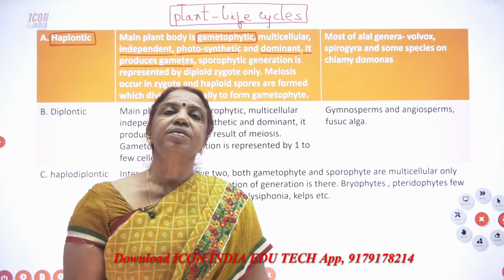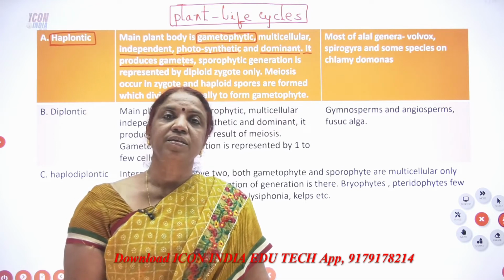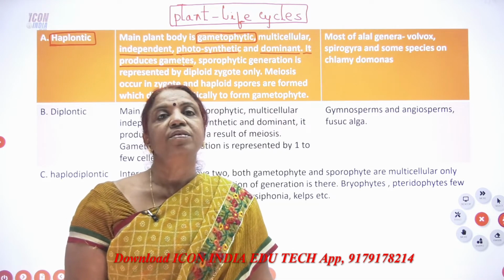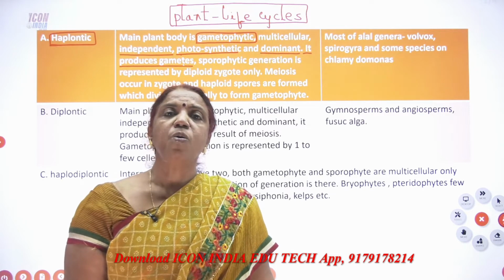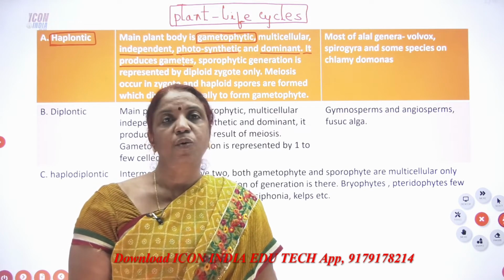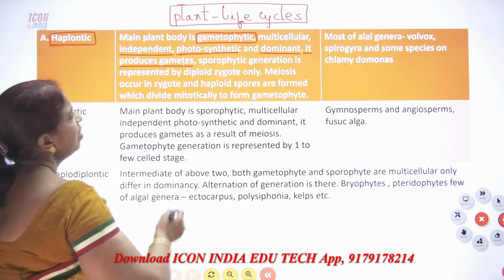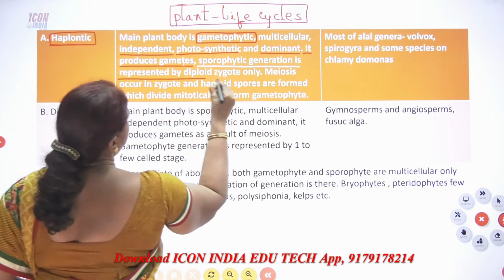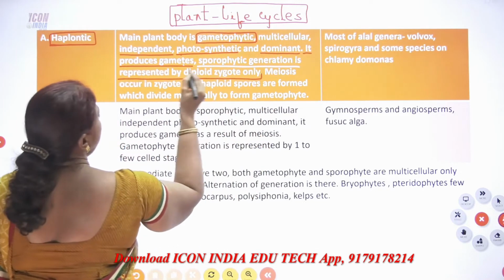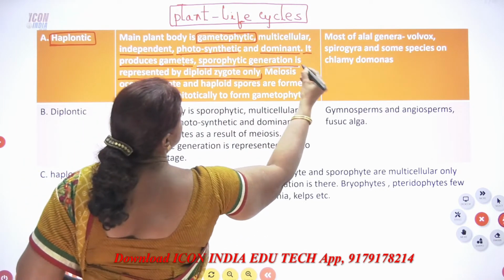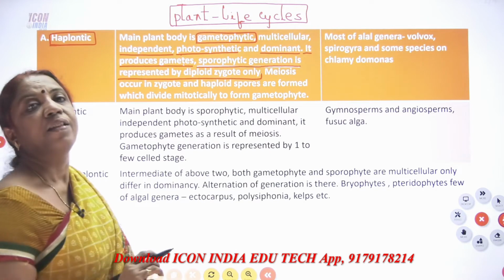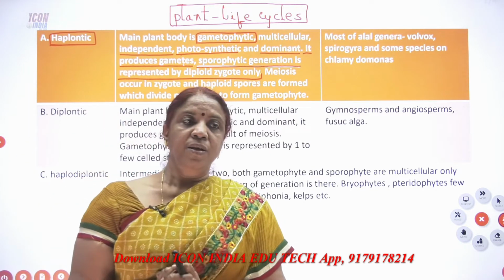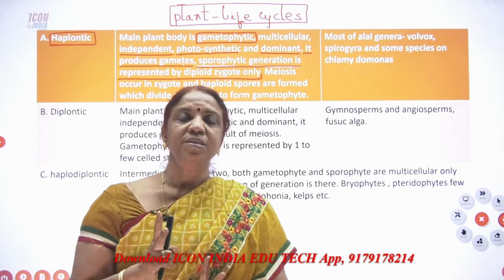The next point: in the Diplontic life cycle, the sporophytic phase is represented by only the diploid zygote. They are asking two questions here.